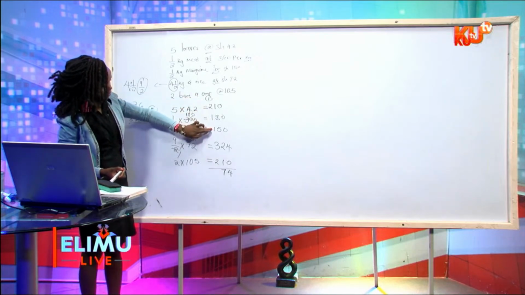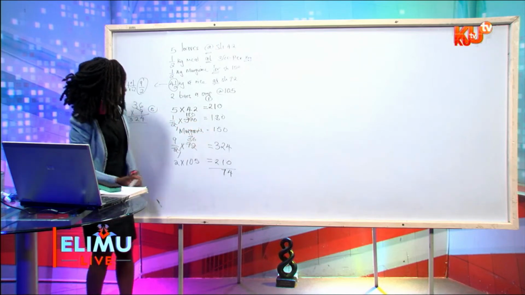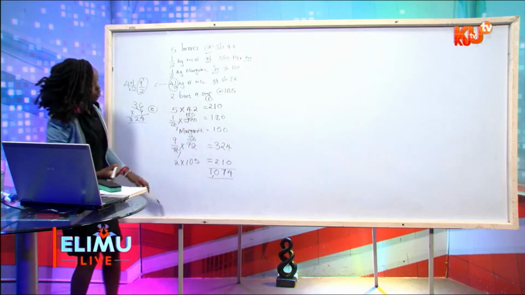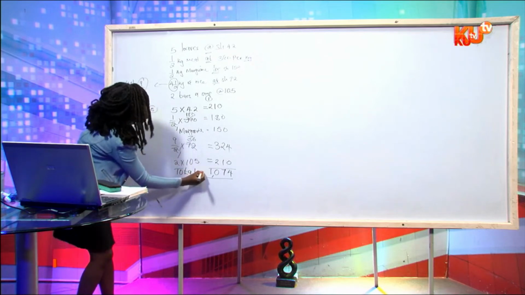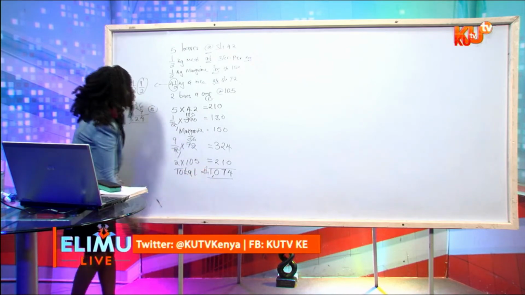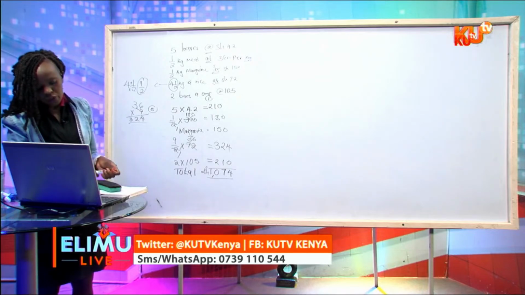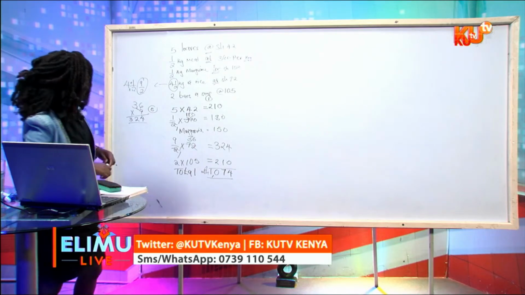Plus 1, 5. Plus 3, 8. Plus 2, 10. So the total cost is 1,074 shillings.